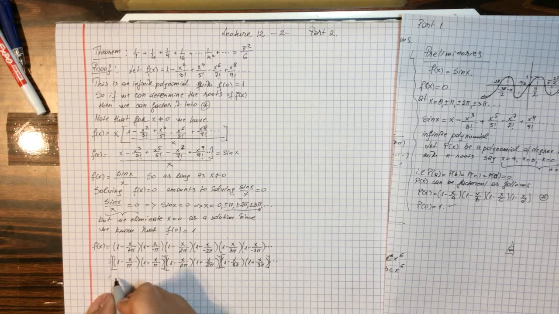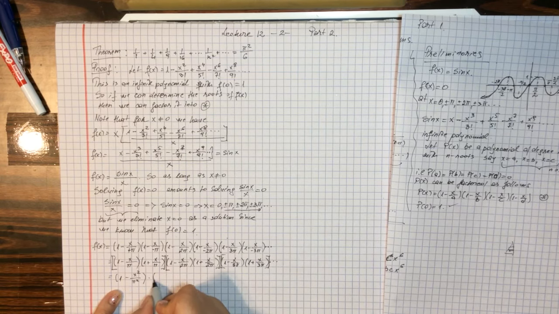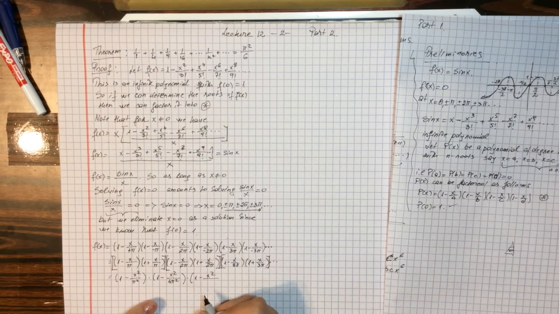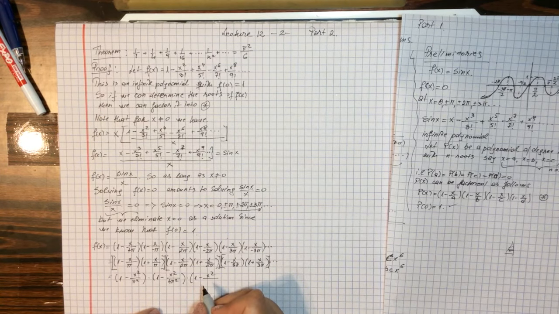So this product here is equal to 1 minus x squared over pi squared. This product here is equal to 1 minus x squared over 4 pi squared. And this product here is equal to 1 minus x squared over 9 pi squared, and so on.